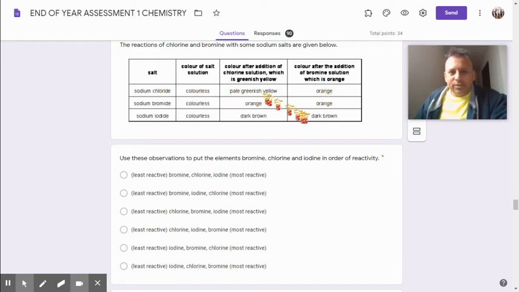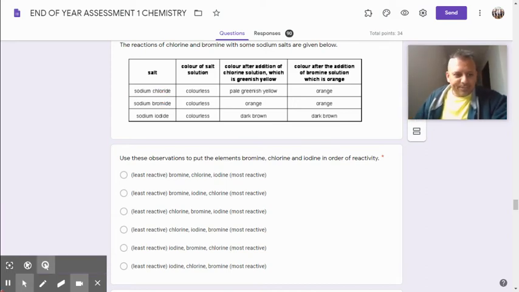And chlorine will be able to displace bromine from its compounds as well. So the overall answer was chlorine, bromine, and then iodine.